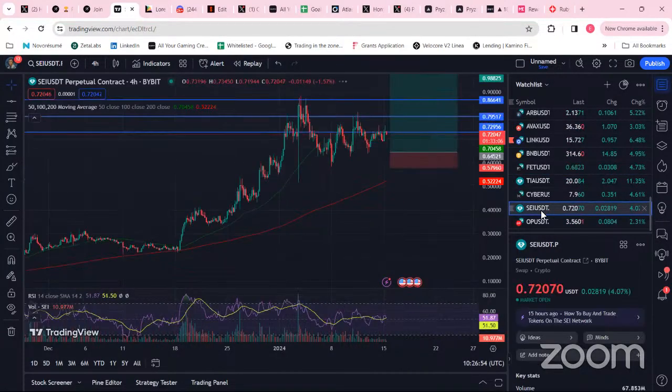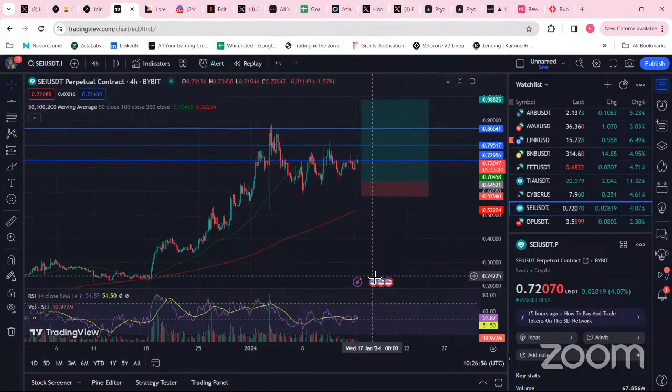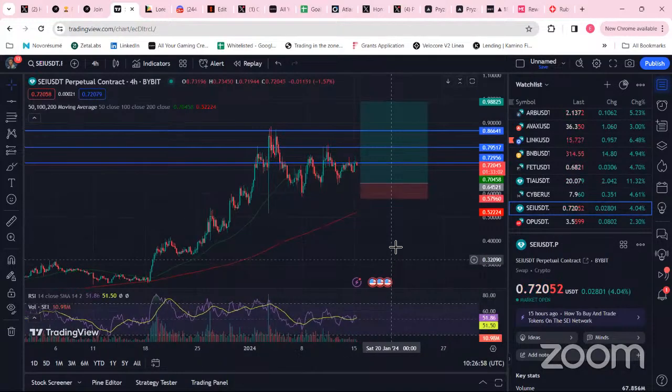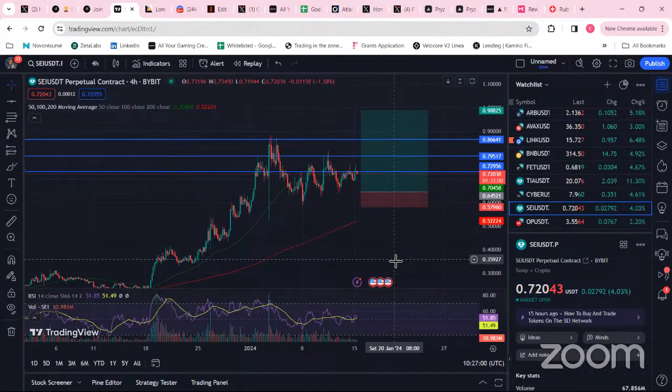So another token that I'm looking at is SEI. SEI is another one that I'm really bullish on, right? Because over time, I think maybe late last year, they started to get some traction and hype from Twitter, Reddit, all the normal crypto platforms, right?